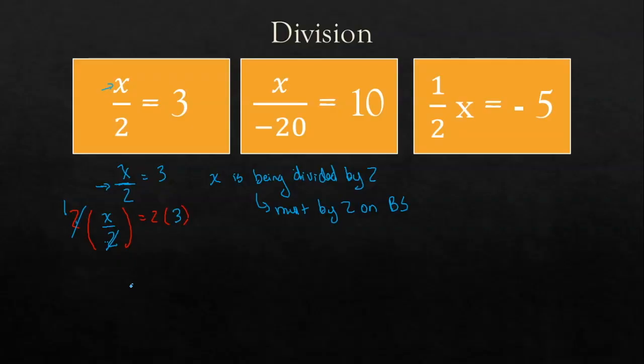So if we don't get a 1 at this point, then we've probably picked the wrong number. So let's say I accidentally picked 3. Well, 3 divided by 2 is definitely not 1, so let's go back to the drawing board. So this 2 over 2 cancels out and becomes a 1. So I'm just left now with an x, or a 1x, but we won't bother writing the 1. Or I can write the 1 for now. And then on the right-hand side, we have 2 times 3, which gives us 6. So our final answer is x is equal to 6.